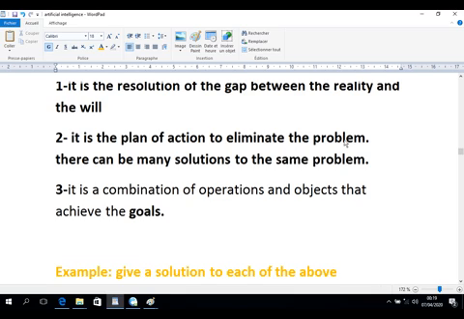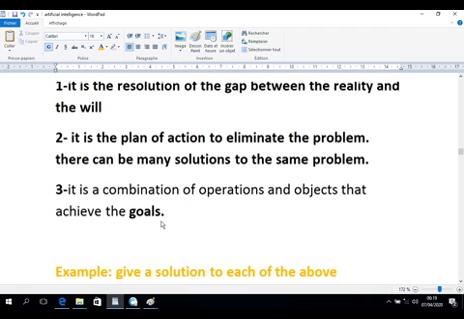Now, what is problem solution? So when you have a problem, you should determine the solution. So what is a solution? It is the resolution of the gap between the reality and the will. It is also the plan of action to eliminate the problem.